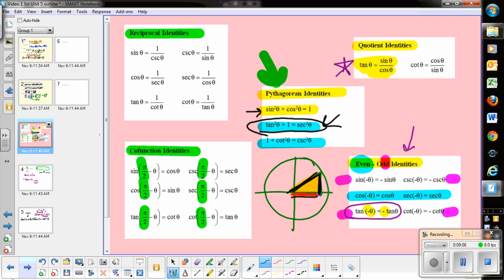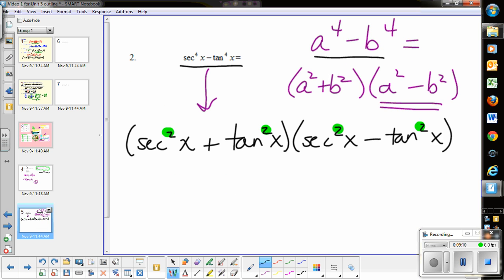So I noticed that secant squared is tangent squared plus 1. So I'm going to come over here and say, well, secant squared is right here and right here. And what I just read is that secant squared is the same as tangent squared plus 1.